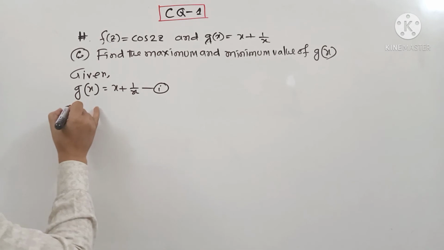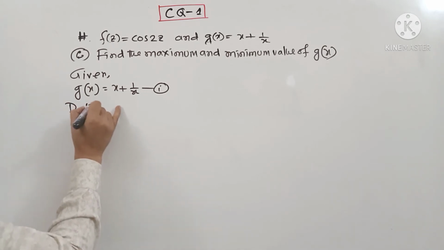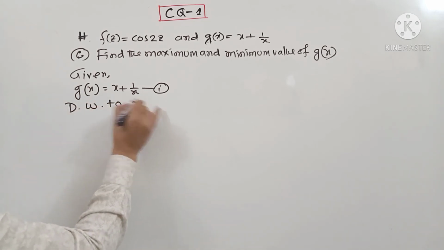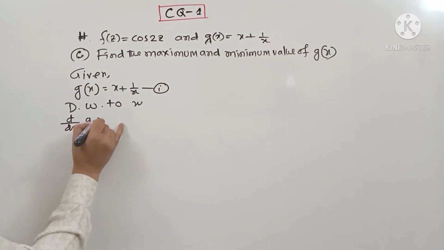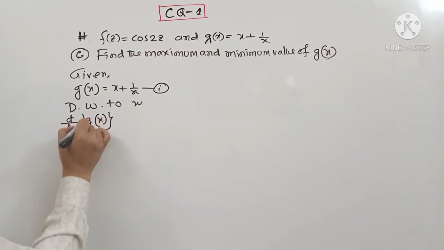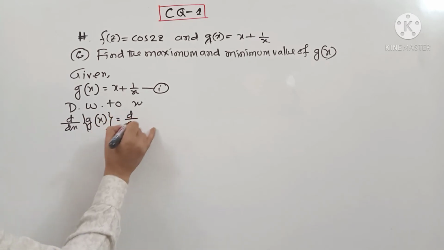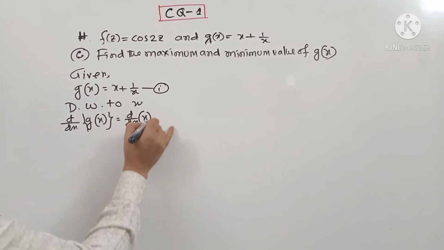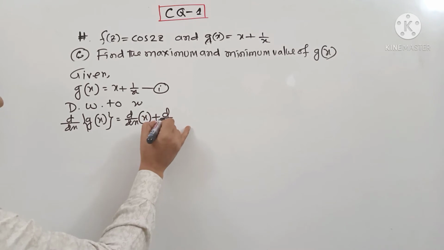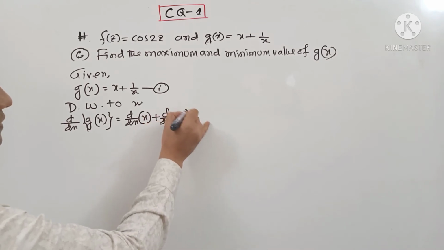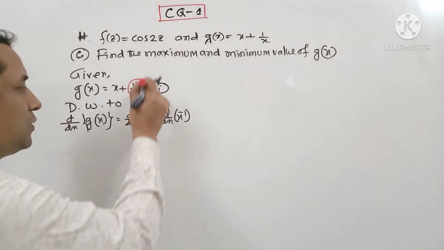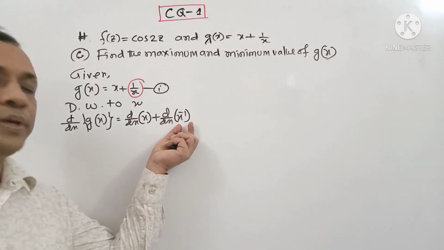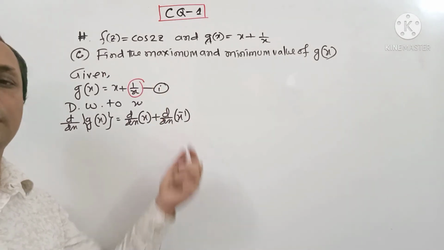Now differentiating with respect to x, d/dx of g of x equals d/dx of x plus d/dx of x to the power minus 1. Student, here we can write 1 by x equals x to the power minus 1.